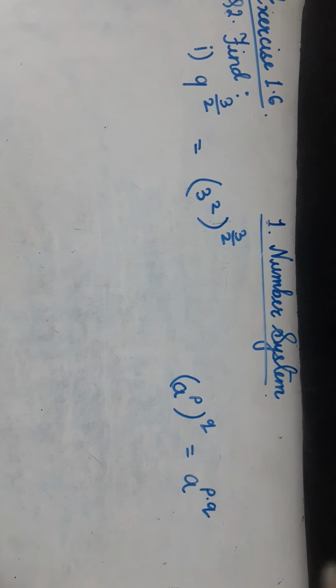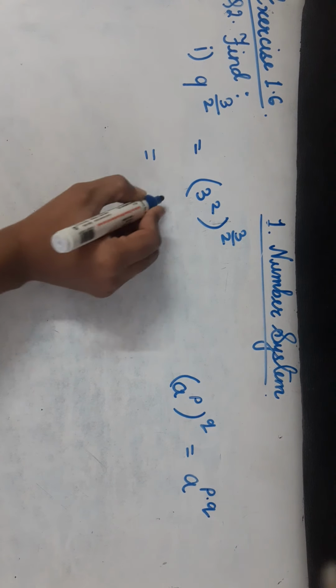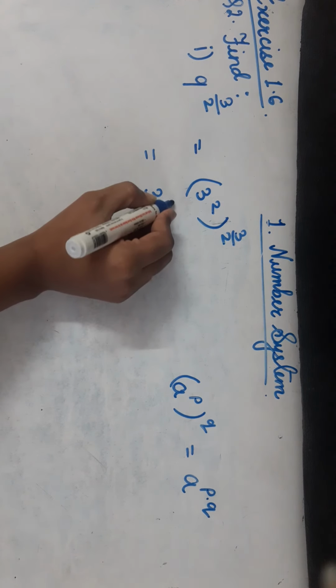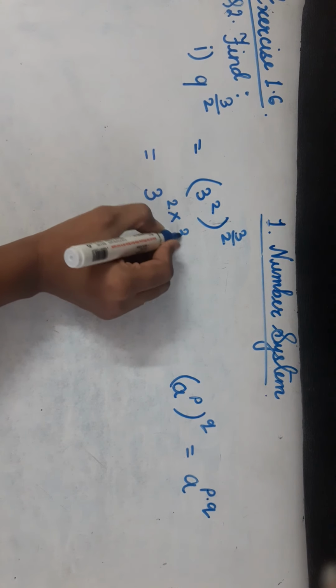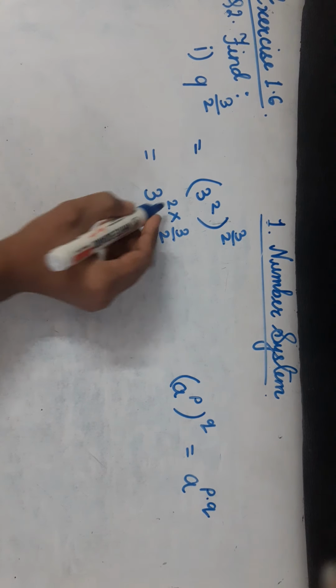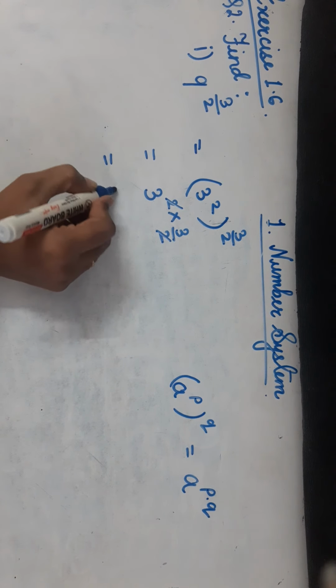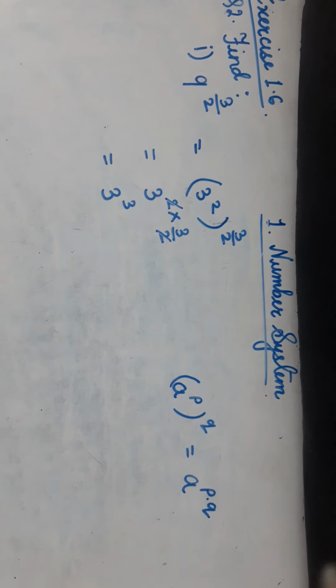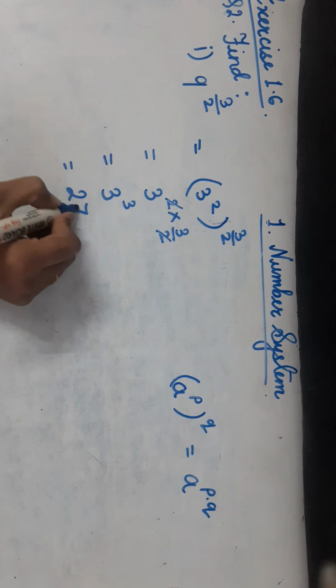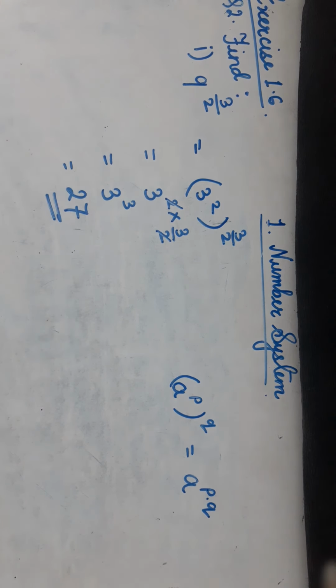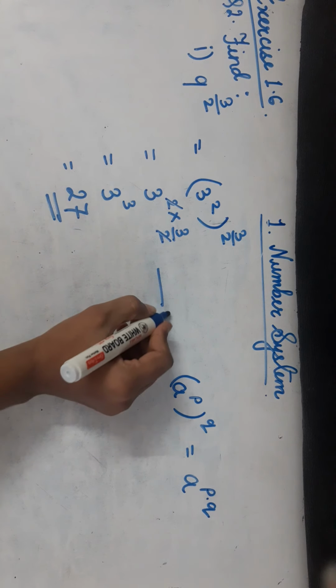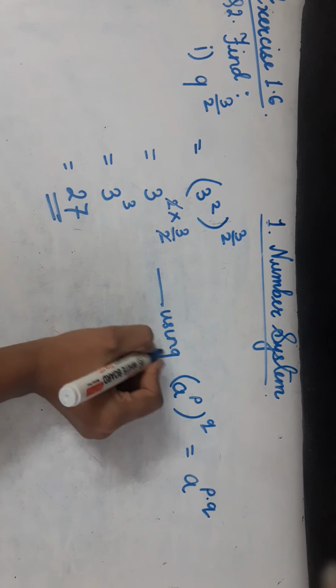So apply that formula here. It will be 3 raised to 2 into 3 by 2. So this 2 gets cancelled. What remains? 3 raised to 3, and 3 cube is 27. Easy. So here you have to write it using which law.